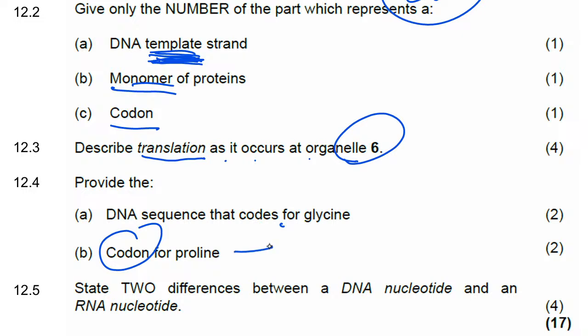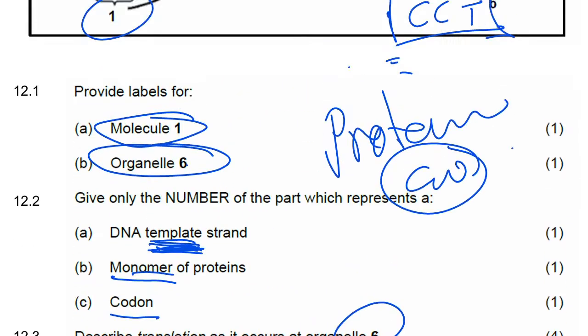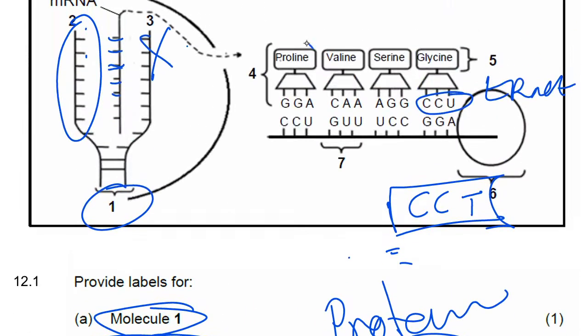Remember that codons are found on RNA, isn't it? The moment we are finding them on RNA, then automatically we have to talk about it as the messenger RNA. Therefore, we come back here, they're saying for proline. Proline is here, so we are looking for this. So the answer is going to be CCU.